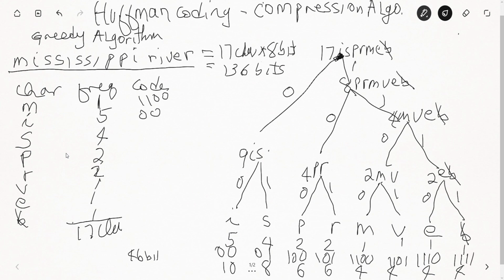S is represented as 0, 1. P is represented as 1, 0, 0. R is represented as 1, 0, 1. V is represented as 1, 1, 0, 1. E is represented as 1, 1, 1, 0. And blank is 1, 1, 1, 1.